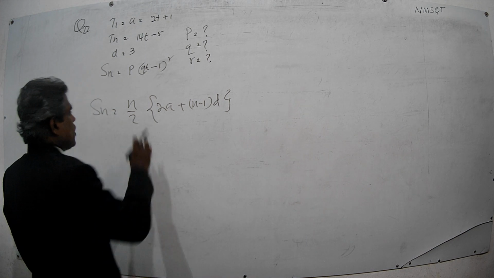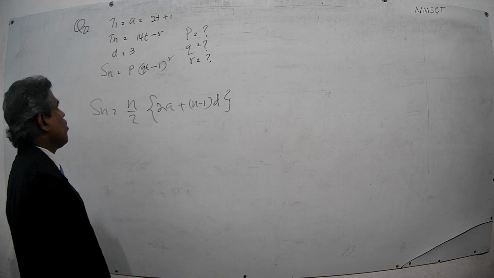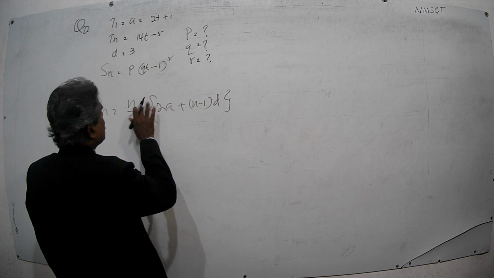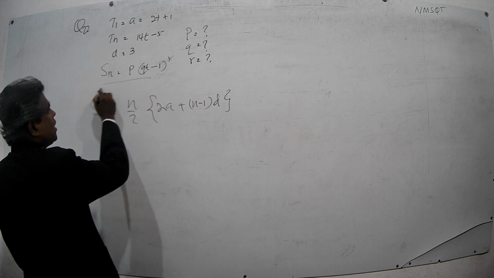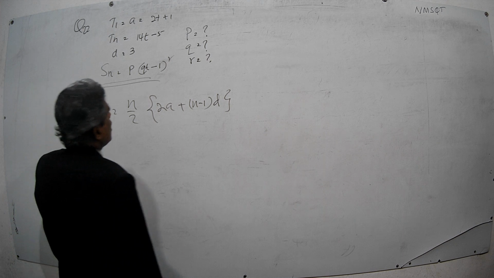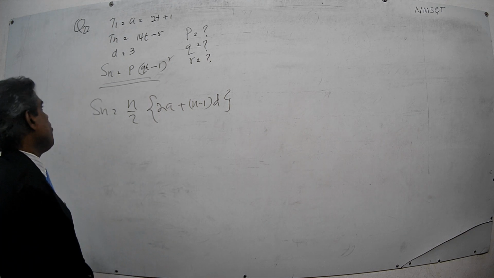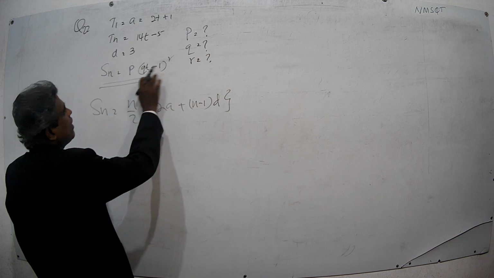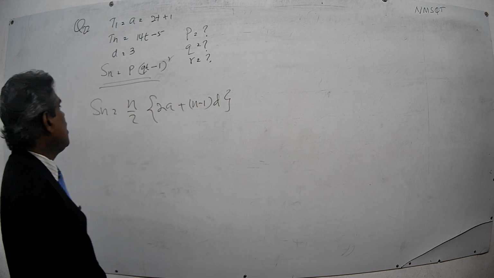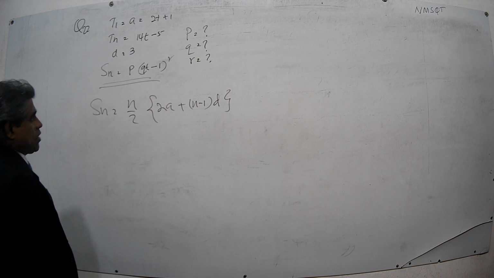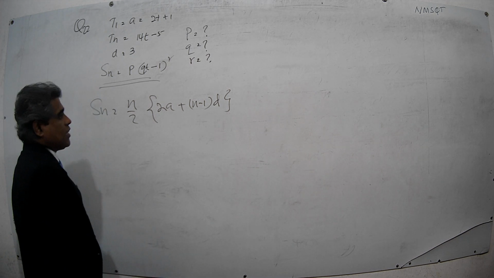Then this n is the number of terms, but we don't know how much it is. Then we have to find the value because this ultimate expression in which the sum of first n number of terms should be shown does not have n. Therefore, this n must have been got rid of by doing something. We will see that later on. And here also n is there.